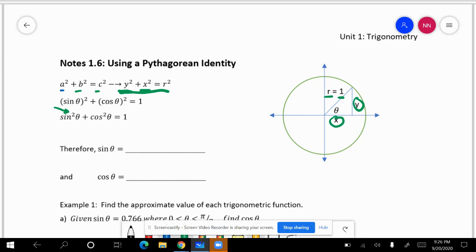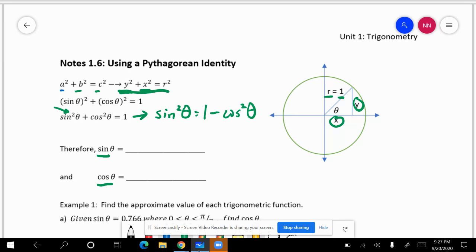Now that brings us to two formulas. One is the formula to find sine, and the other one is to find cosine. When we're finding sine, we're going to subtract the cosine. So what we get is sine squared theta is equal to 1 minus cosine squared theta.